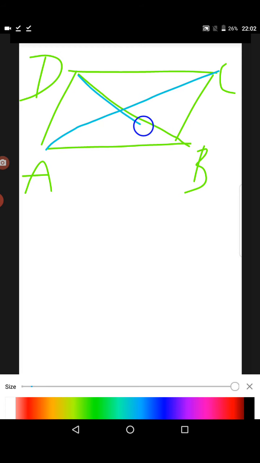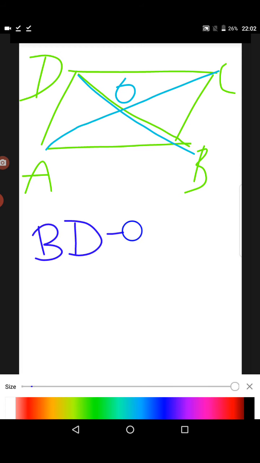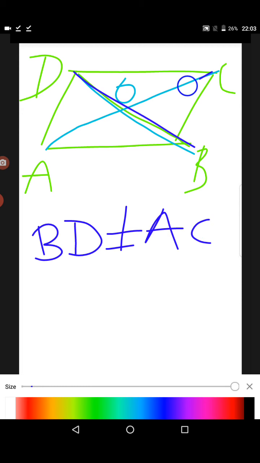Here I am drawing it. The diagonals' intersection point is O. Now I am going to tell you all. BD is not equal to AC. These are diagonals. I am saying that these diagonals are not equal.